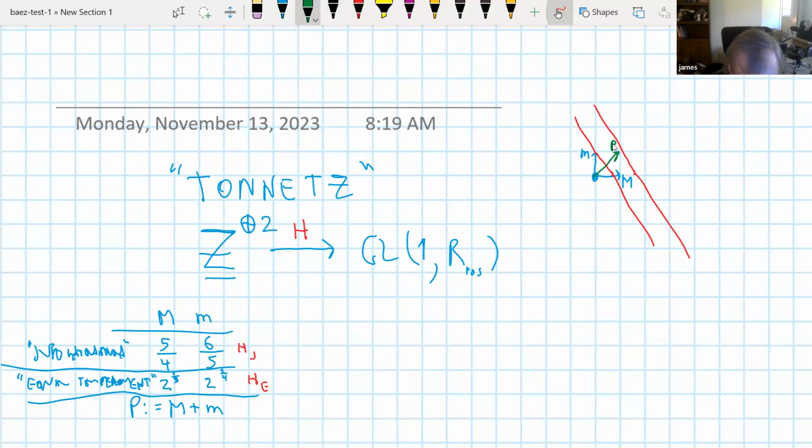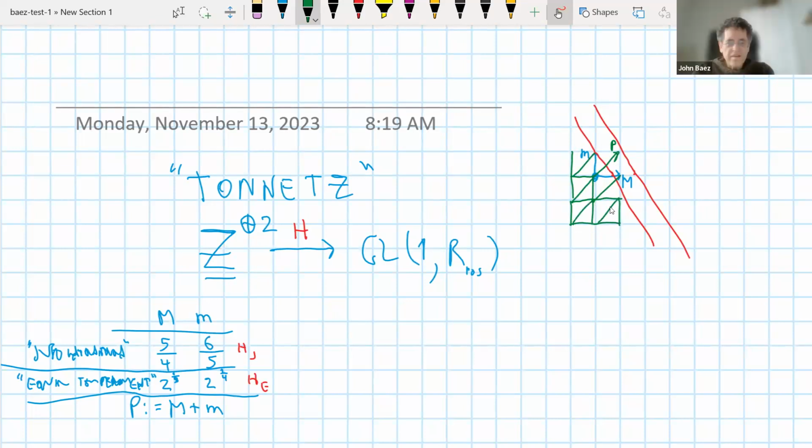So that means that if I just draw this as a slightly non-equilateral triangle thing with right triangles instead of equilateral triangles, then what is the Tonnetz going to look like? So this is really just the Tonnetz, but drawn in a slightly sheared, oblique, whatever the word is, way.